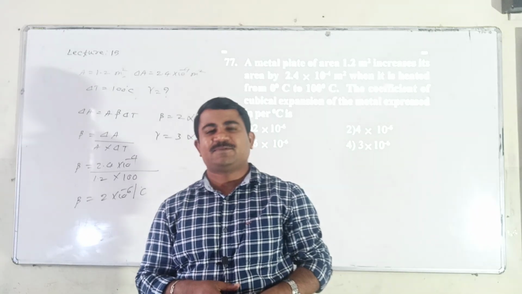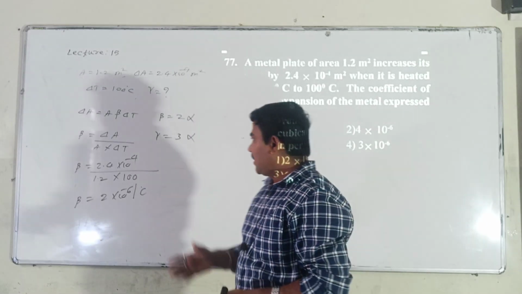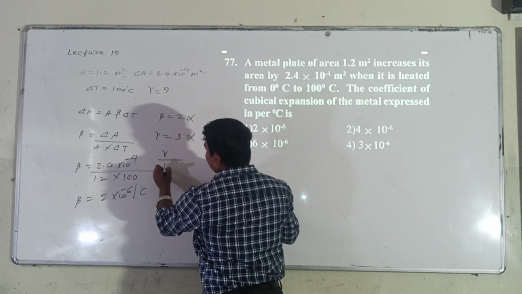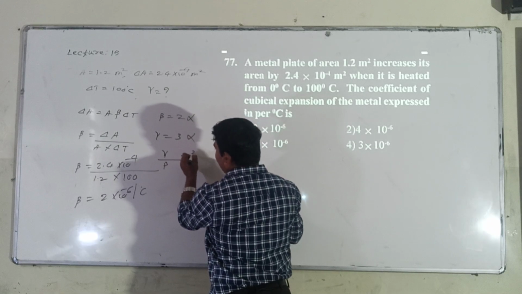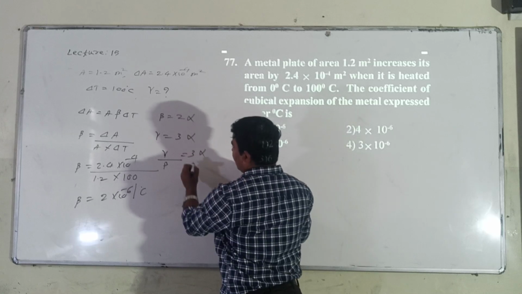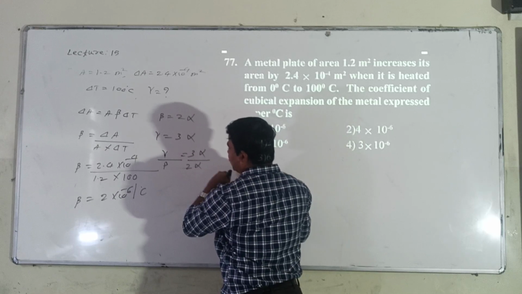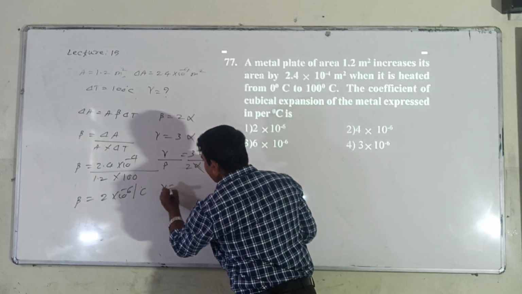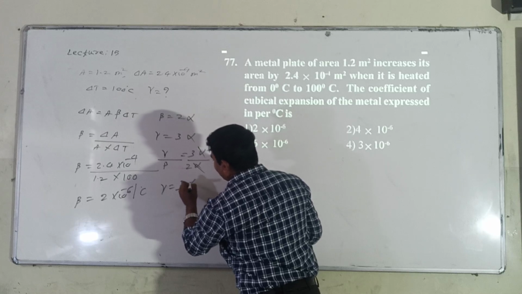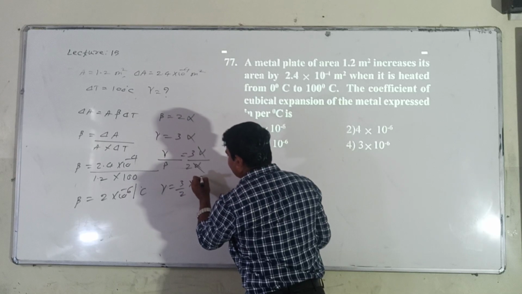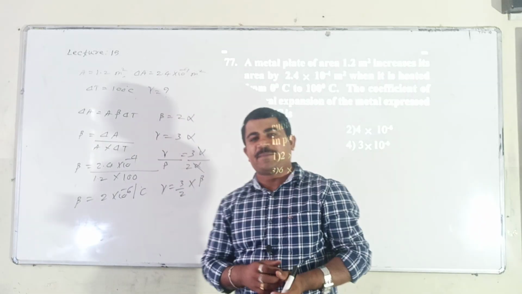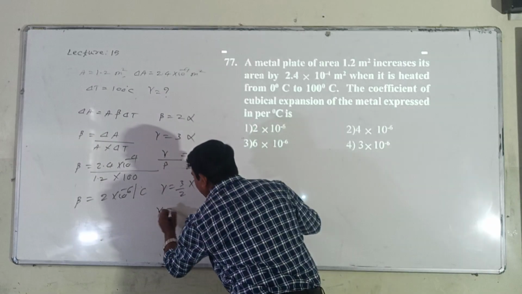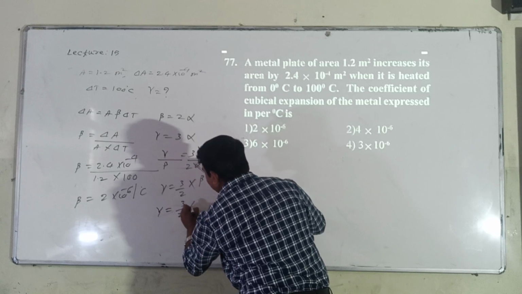Let us take the ratio, gamma divided by beta. Gamma is 3 alpha, beta is 2 alpha, the alphas get cancelled. Then gamma is equal to 3 by 2 times beta.